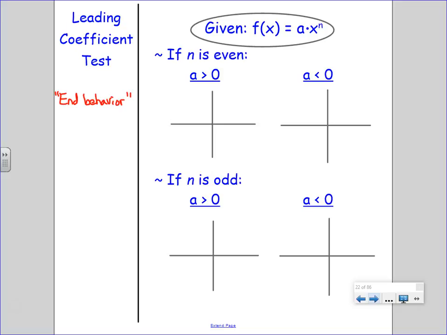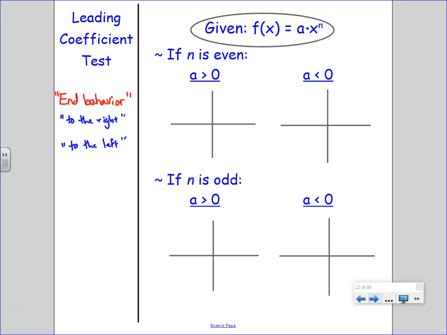We look at the coefficient of the leading term, and we're trying to ask ourselves, what's going on at the ends? And by the ends, I mean to the right, and I mean to the left.